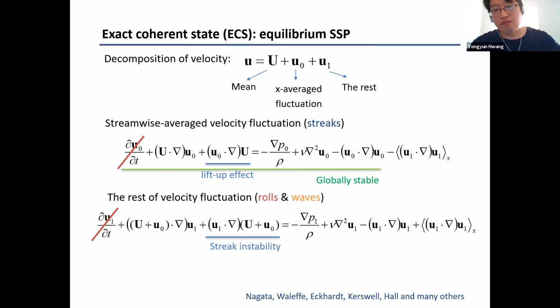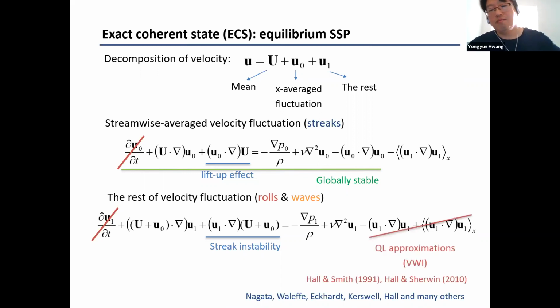Later, Phil Hall realized that this is exactly identical to the theory he developed back in 1991. In that theory, he considered exactly the same situation for compressible flow in the original paper.